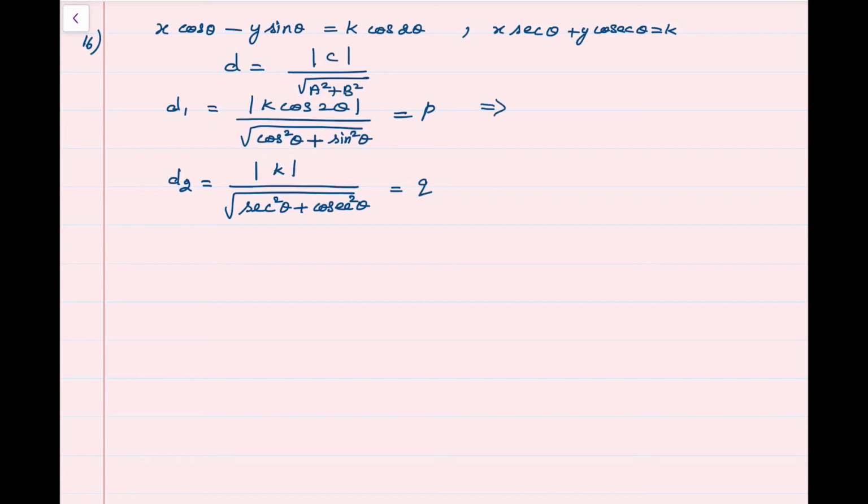From this first one we get absolute value of k cos 2 theta is equal to p. The denominator becomes 1. Let us simplify this d2. Absolute value of k divided by secant square is 1 by cos square theta and cosecant square is 1 by sin square theta. We will take LCM.